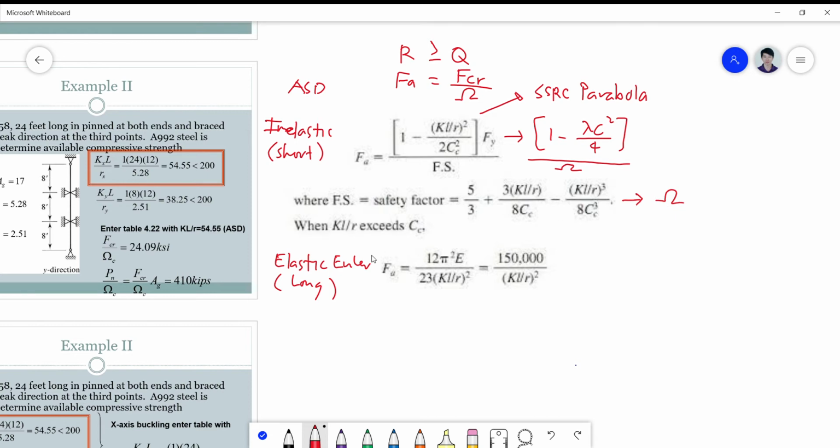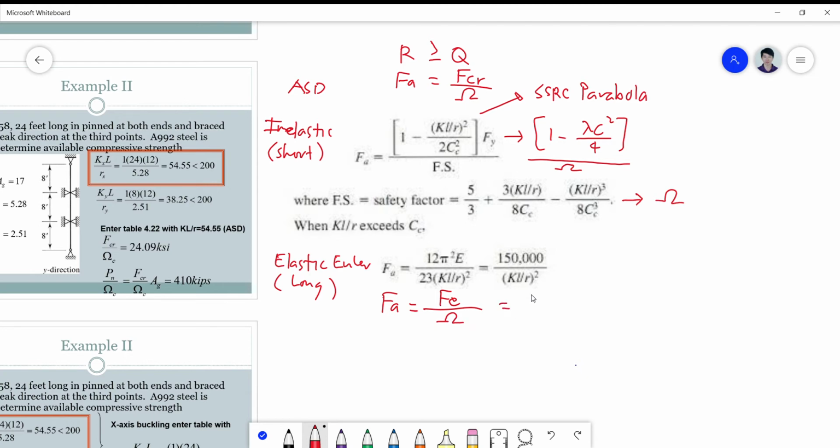For the elastic Euler long column, the formula is simpler, and we take note that your FA here can be written as your simple Euler formula all over a factor of safety omega.